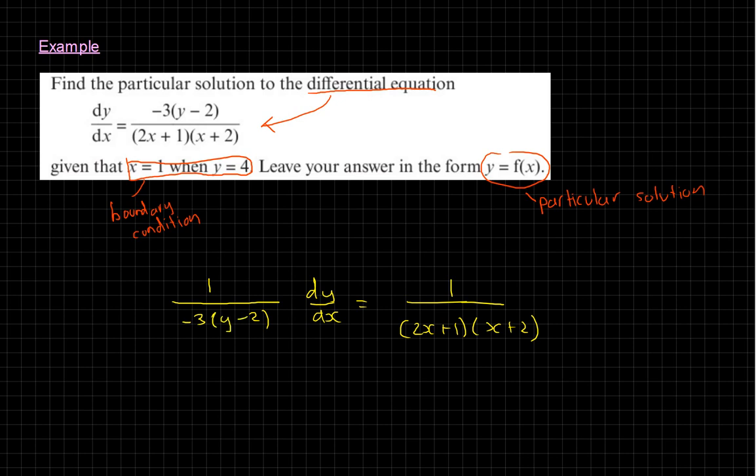And now we're going to do a little trick here, which we call separating the variables. I mean, we've kind of separated them already, but we're going to do a trick here with the dy over dx. What we can do, and I'm not going to go into detail about how this works or the proof, but I'm just going to teach you the technique for now. This dy over dx looks a bit like a fraction.